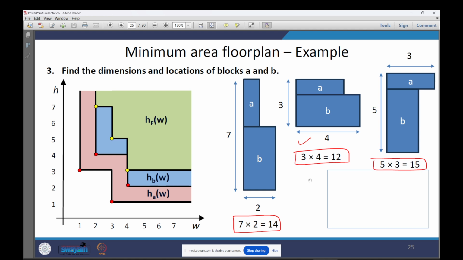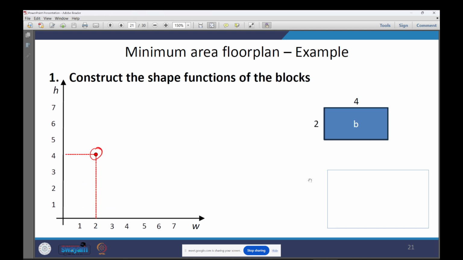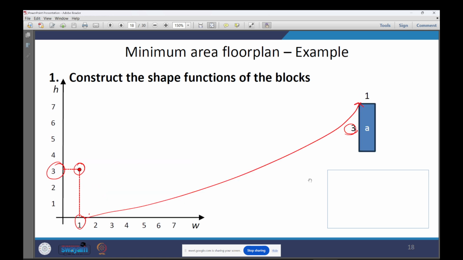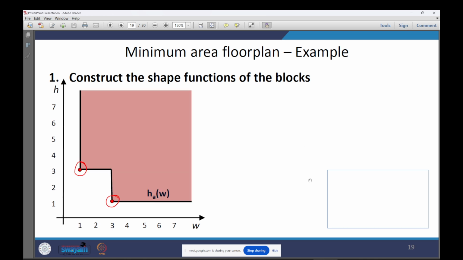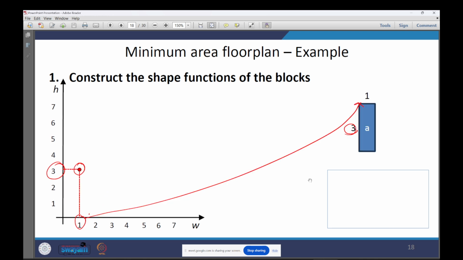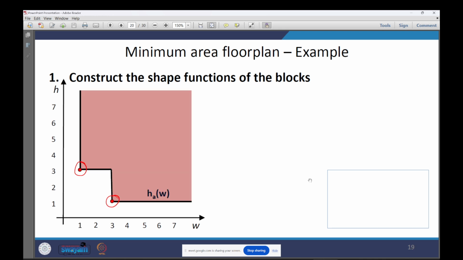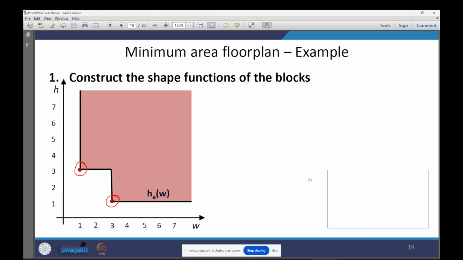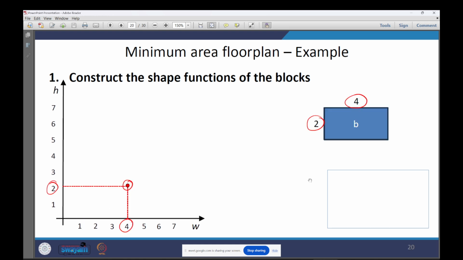Let's say if I take these two sizes, 2, 4 and 3, 1. If I take one above the other, how many possible combinations will be there?